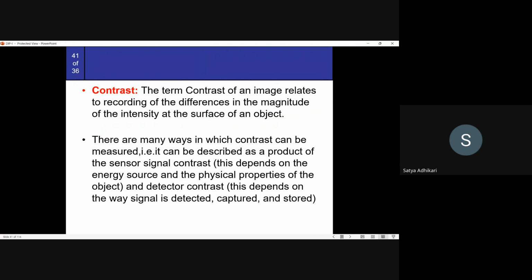Another is the detector contrast, which is associated with the quality of an image. The detector contrast depends on the way the signal is detected, captured or stored. Based upon that, the contrast is determined.